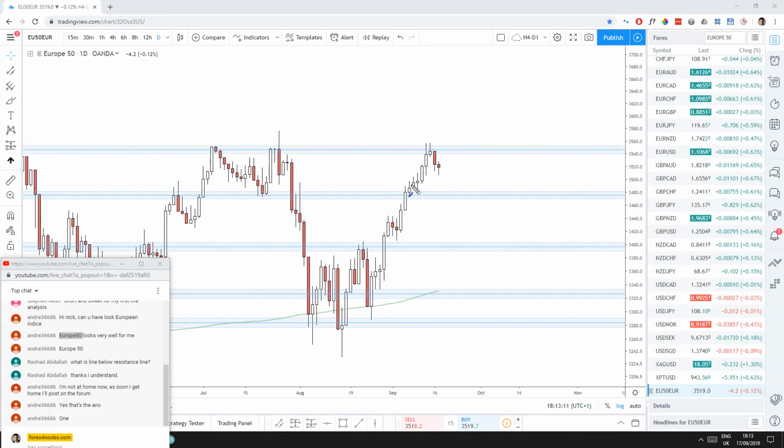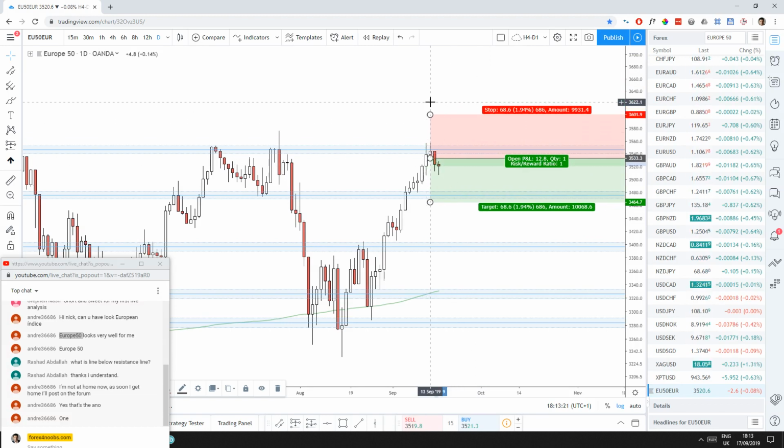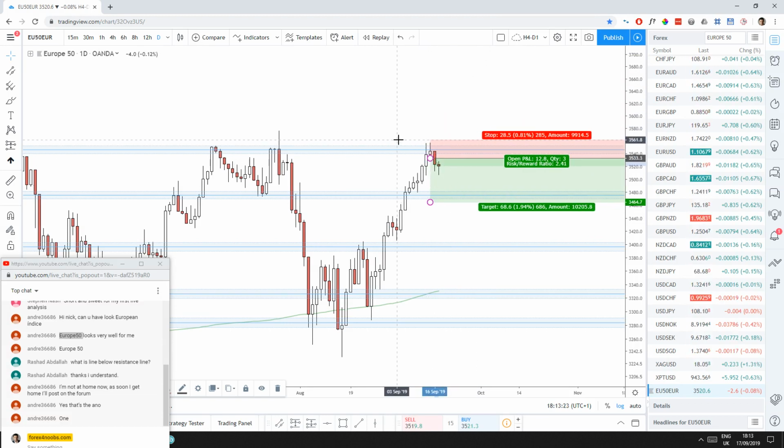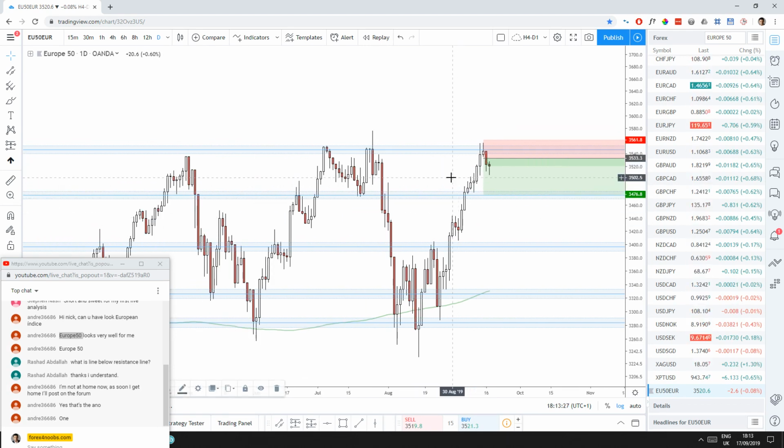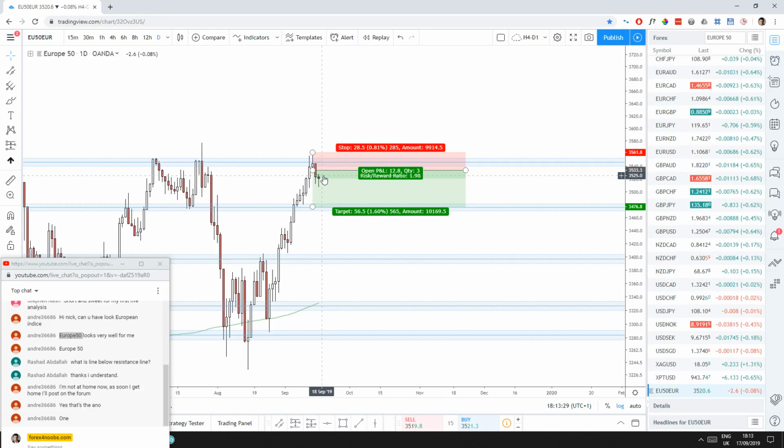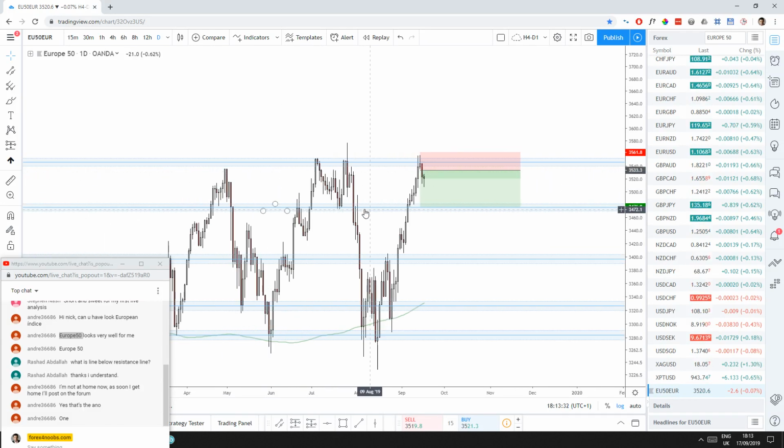But if you wanted to enter, you should have been in this one already. I don't really see a way to enter this one right now. You should have been in quite some time ago. Entering now is just way, way, way too late.